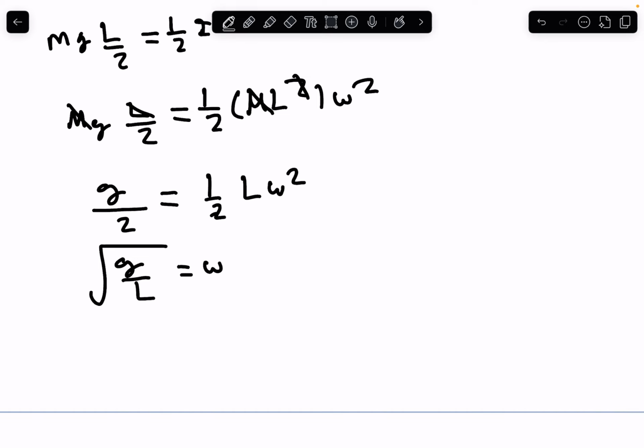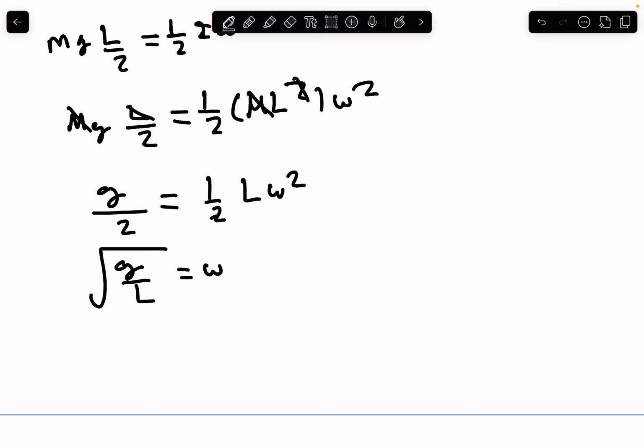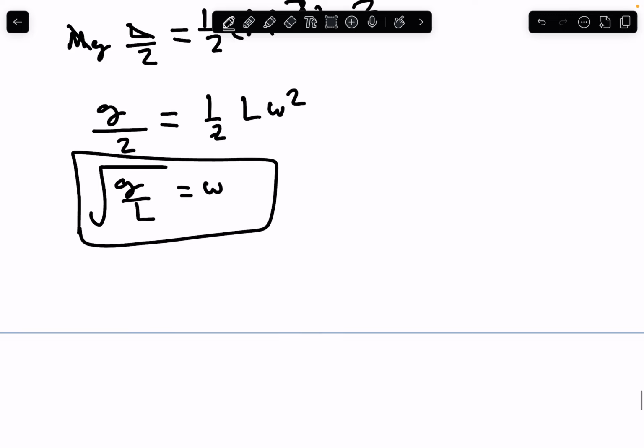But intuitively, the actual question is wrong. They have to give you the equation for moment of inertia. If they do not, you must use the one in the data booklet, which is mr squared. So the actual answer, given what we have, is root of g over L equals omega.